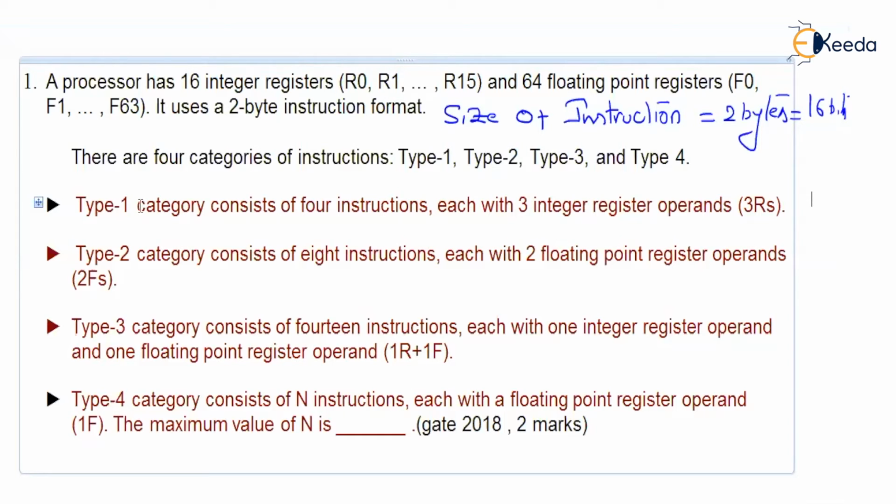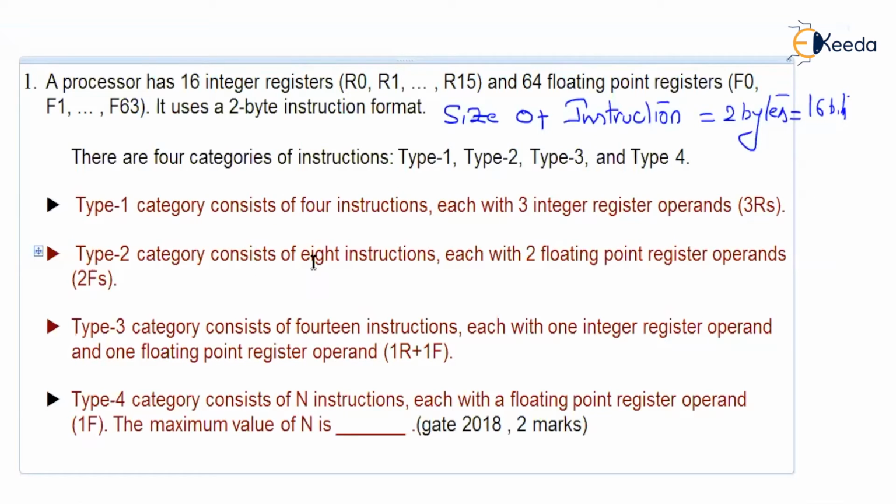The total number of type 1 instructions is equal to 4, and type 1 instructions have 3 integer register operands. We will see how this works in a short while.